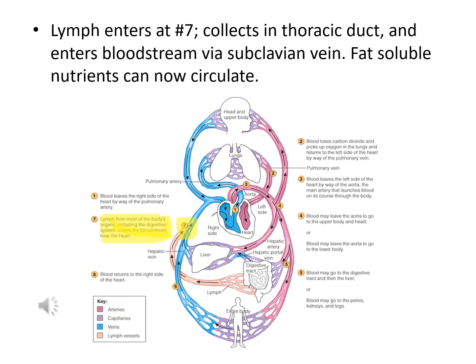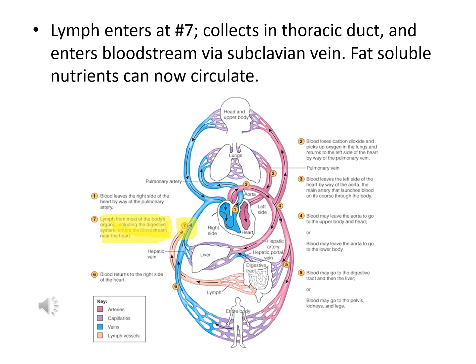Take a look again at this particular slide, which gives us an overview of the flow of the vascular system. However, what you're going to note is what's highlighted there is number 7. This is the point where the lymphatic system can enter into the flow of the vascular system itself.